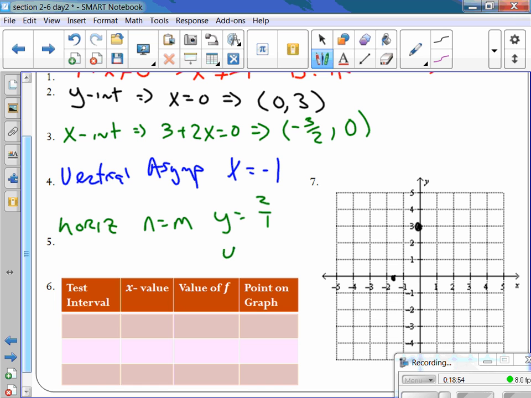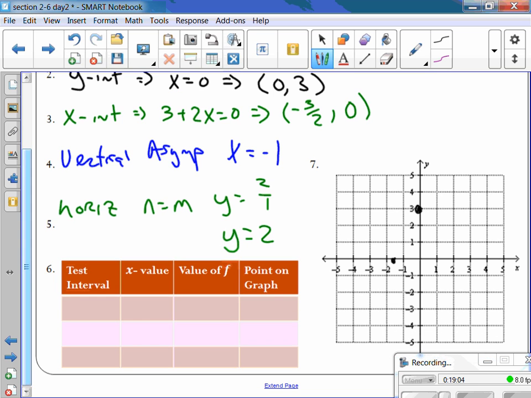All right. So now we have a vertical asymptote of x equals -1 and a horizontal asymptote at y equals 2. It's a pretty safe bet that we know what's going on here.